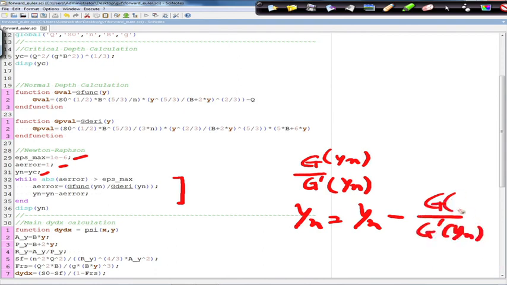So, from this iteration we will get the normal depth for the problem.